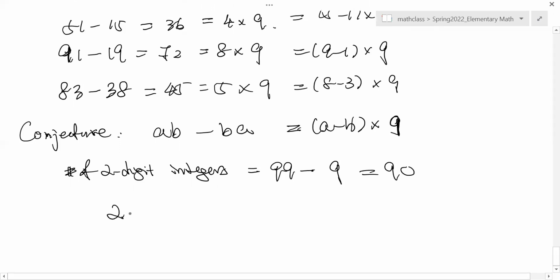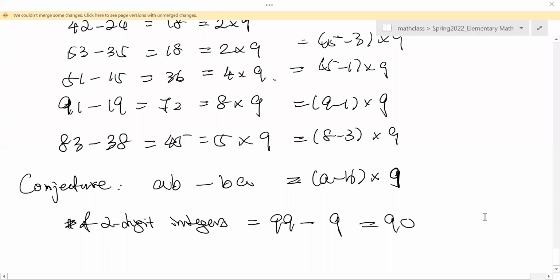Remember, 21 in mathematics can be written as 2 times 10 plus 1. Oops, my file is gone, so I'm going to bring it back. Don't panic. Sometimes when I touch somewhere it happens. It's okay now. You should see that.